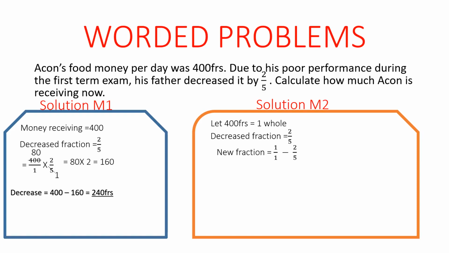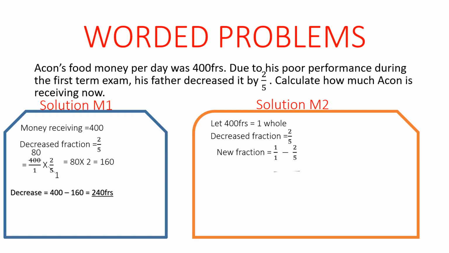We want to see the decreased fraction first. With method 1, we used a fraction to look for the share, and then we decrease, we subtract. But here, we are subtracting at the origin, which is from the whole. The whole is 1. So we take 1 minus 2/5.